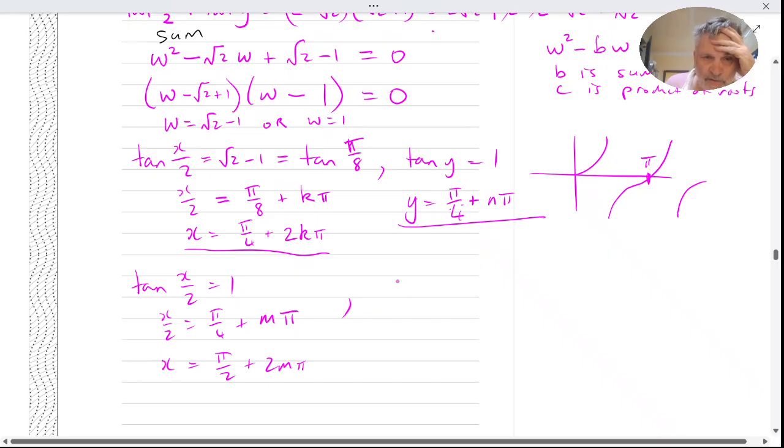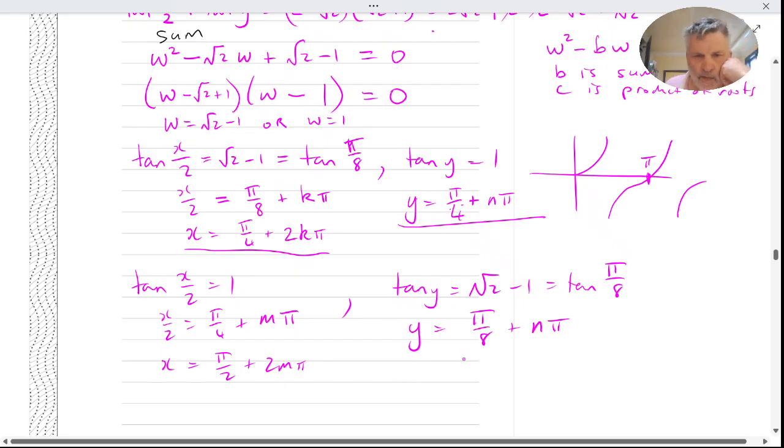And we would have tan y is equal to root 2 minus 1, which is tan pi over 8. So y is equal to pi over 8 plus n pi. So these two solutions go together. And I think that's us done.